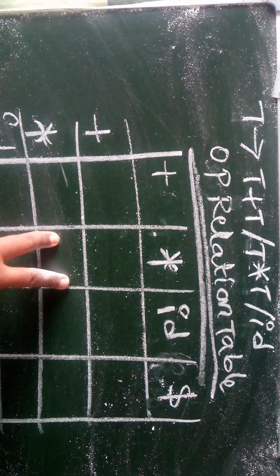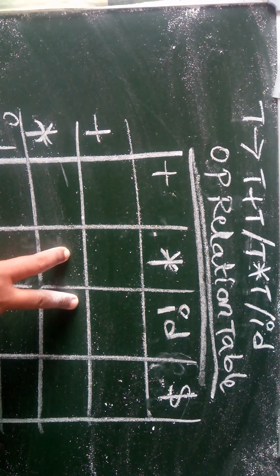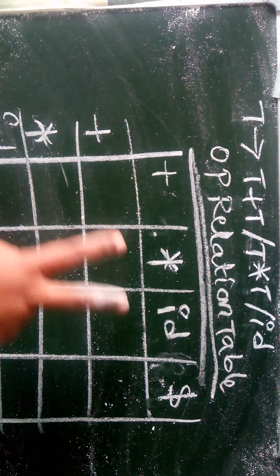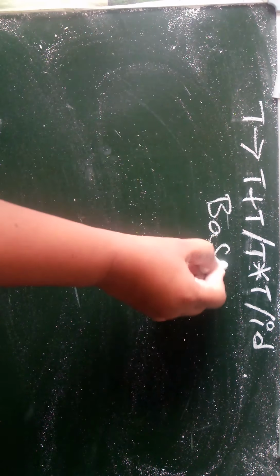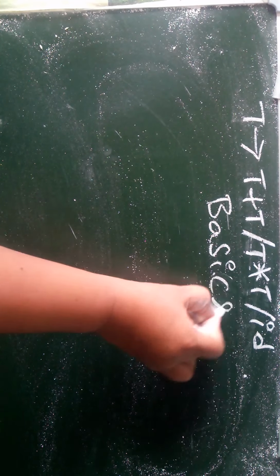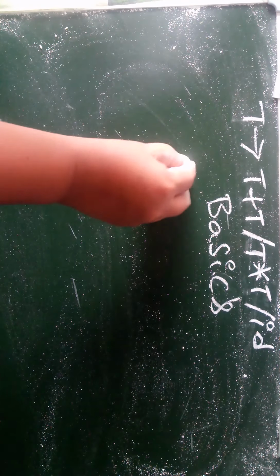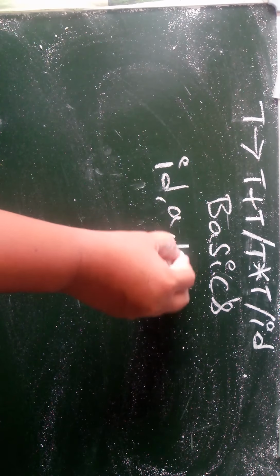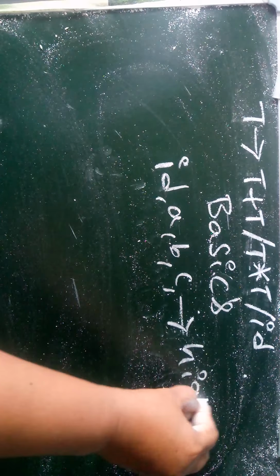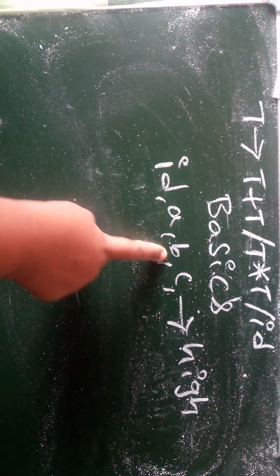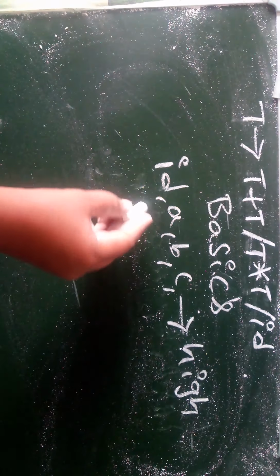First we need some basics for filling all the boxes. ID, A, B, C have high priority.